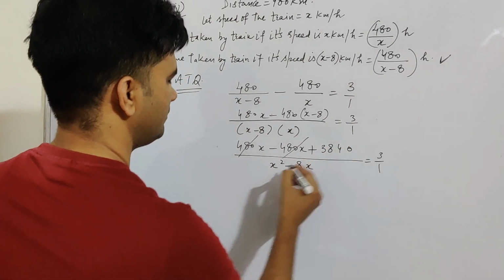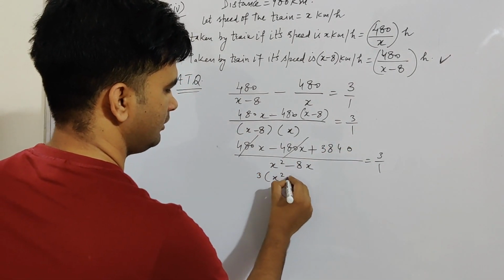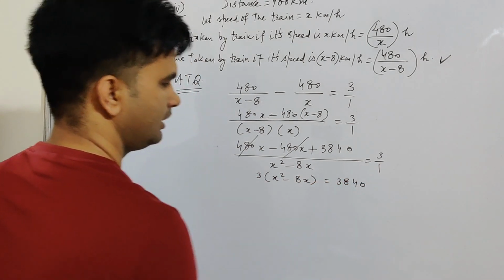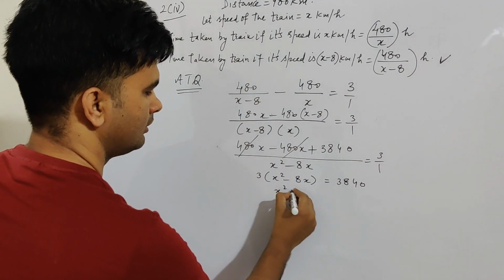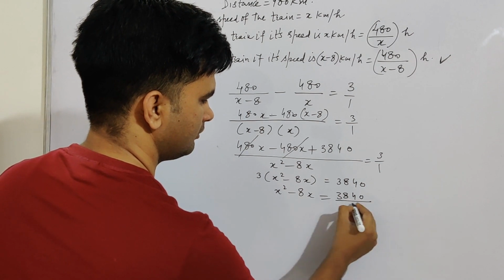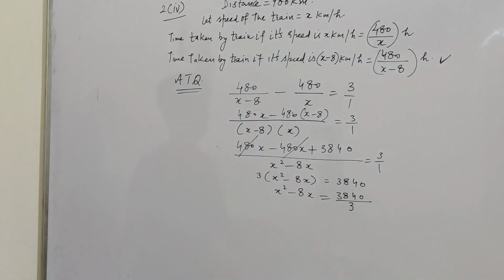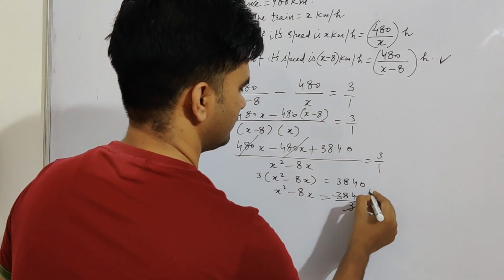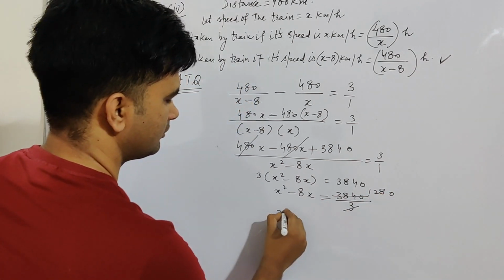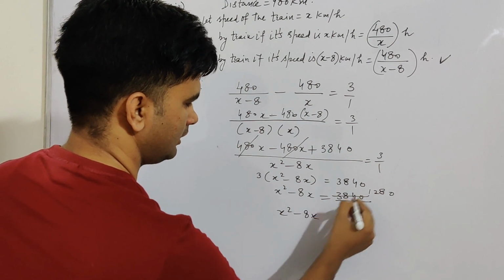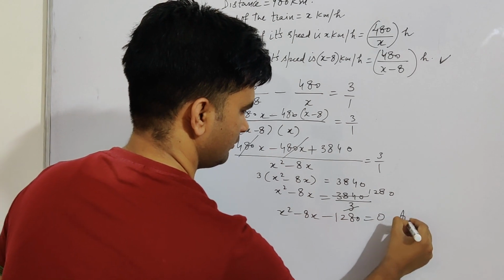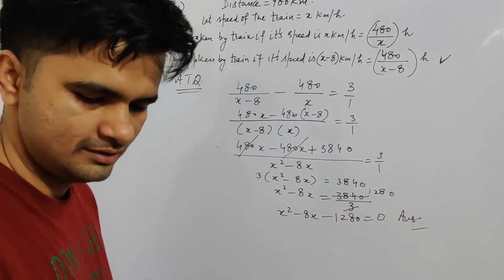Now cross multiply. 3 into x square minus 8x is equal to 3840. x square minus 8x is equal to 3840 upon 3, which is 1280. So it is x square minus 8x minus 1280 is equal to 0. This will be our answer. Thank you.